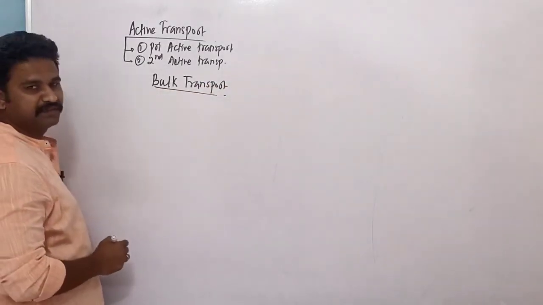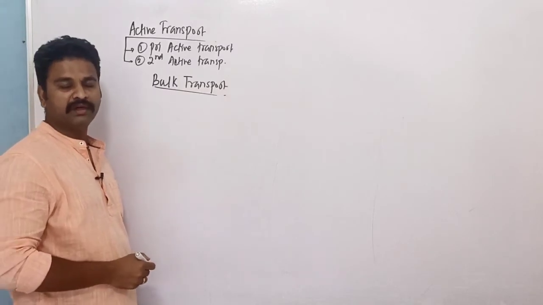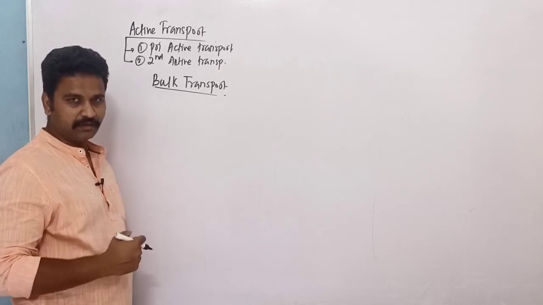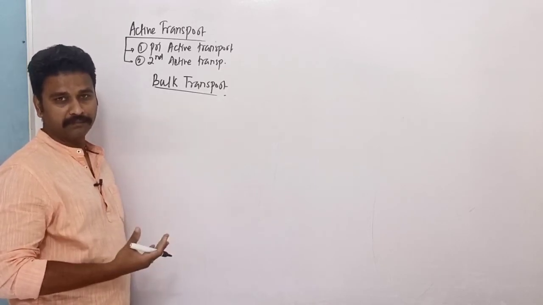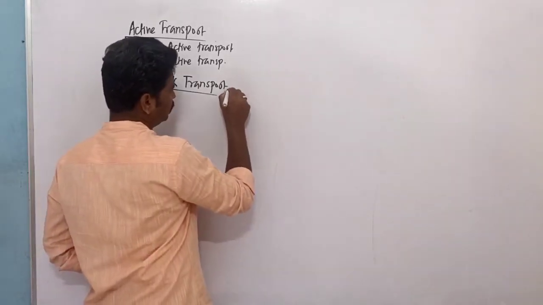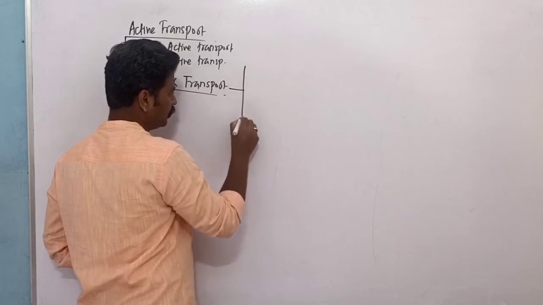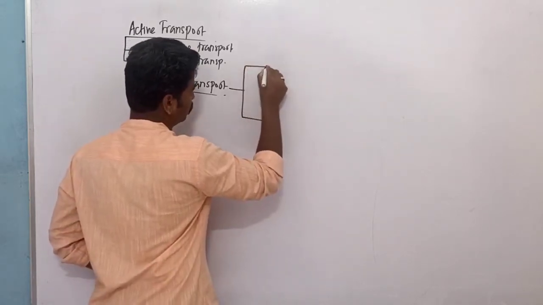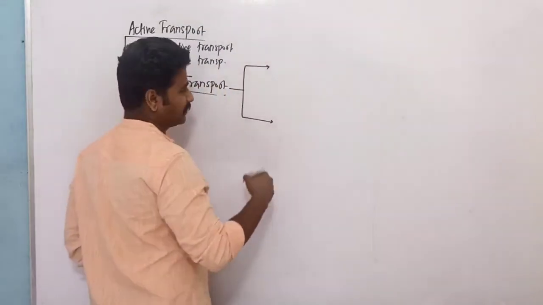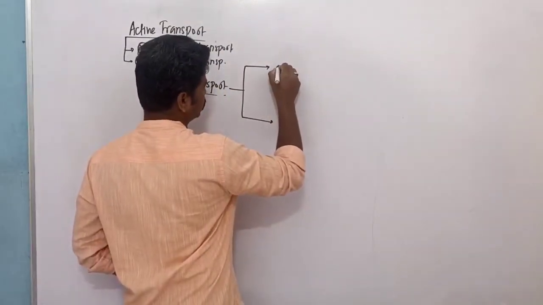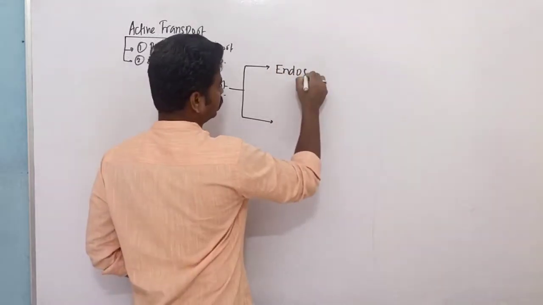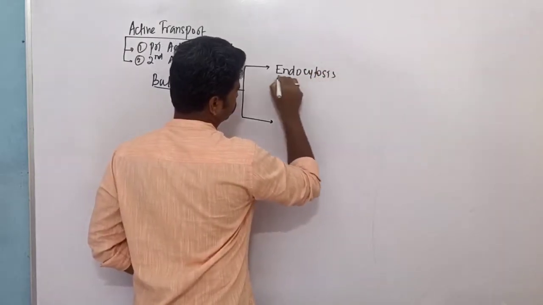Bulk transport is a special category under active transport in which the cell transports substances either inside or outside the cell in bulk amount, in large amount. Depending upon whether the cell is transferring substances inside or outside, we have two types of bulk transport. If the cell is transporting substances inside the cell in bulk amount, then the process is called endo, meaning inside, cytosis.